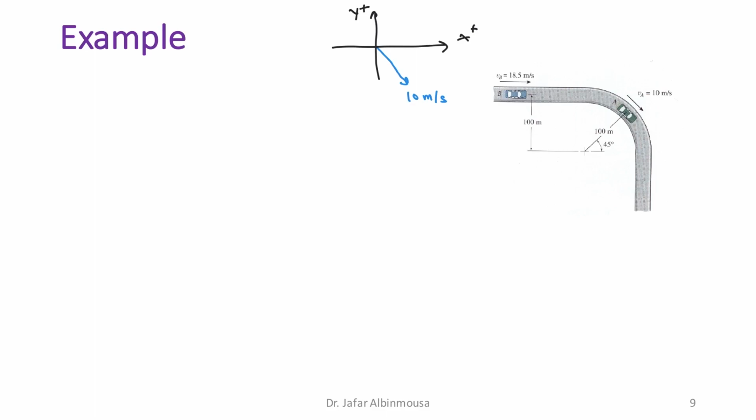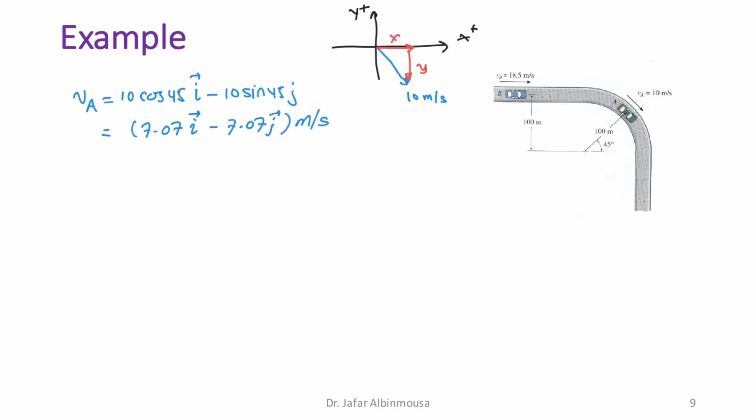So basically I can have two vectors, positive x and negative y, to represent the 10 meters per second, which means v_A is equal to 10 cosine 45 i minus 10 sine 45 j, which is equal to 7.07 i minus 7.07 j meters per second.